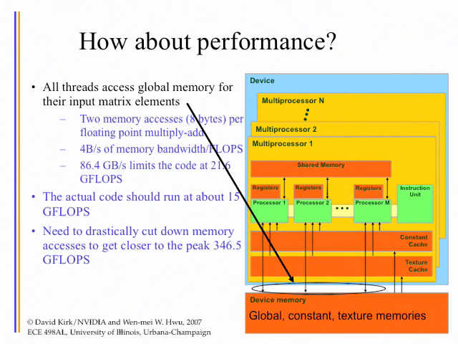So this is the physical reality. Okay? You cannot pump more than 86.4 gigabytes per second through all the pins. And if you divide it by 4, that gives you the upper limit of the gigaflops that you can hope to accomplish.